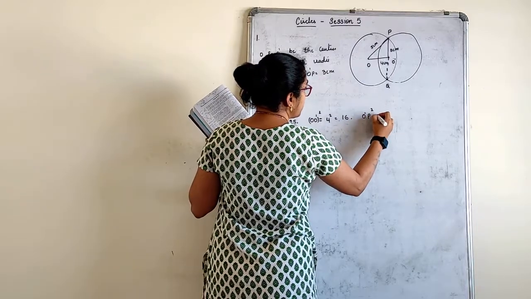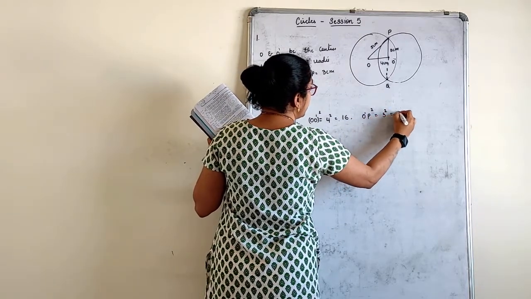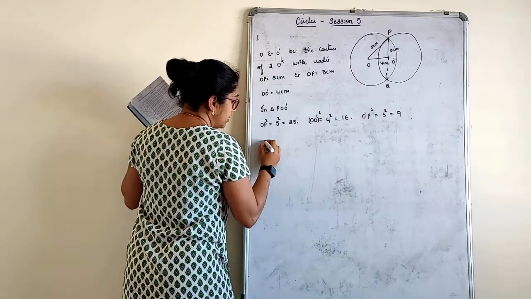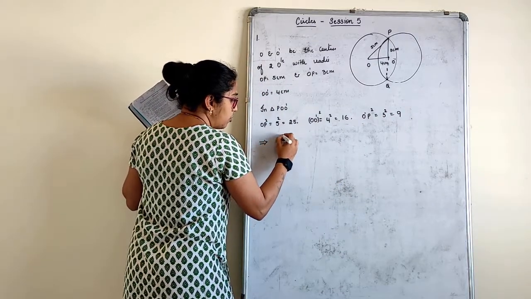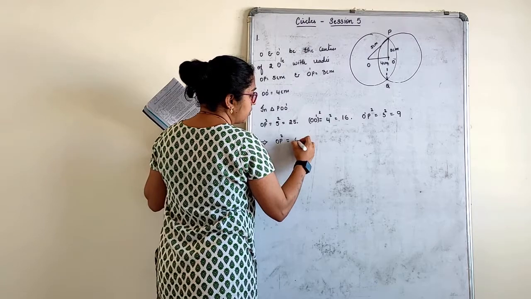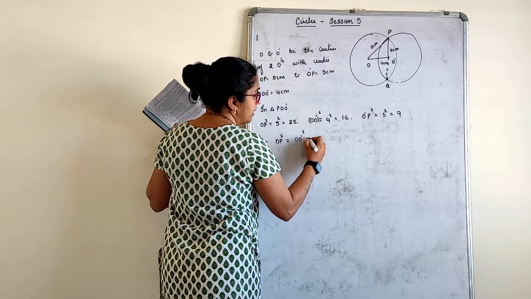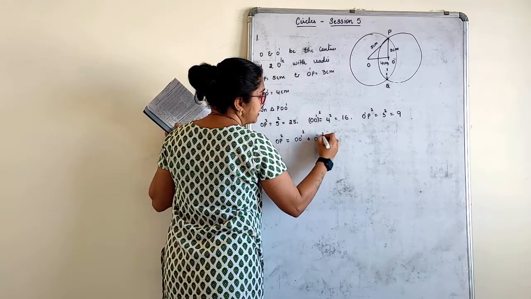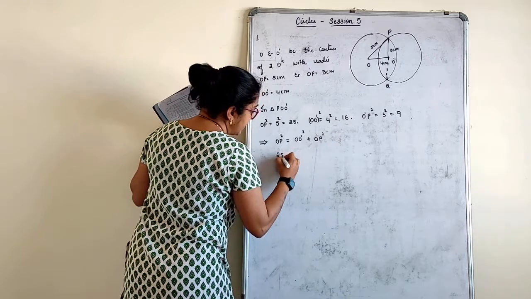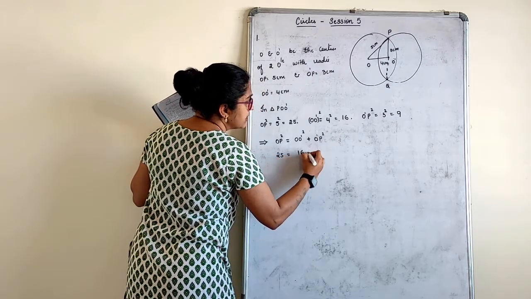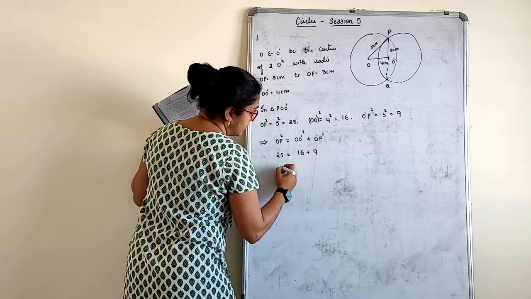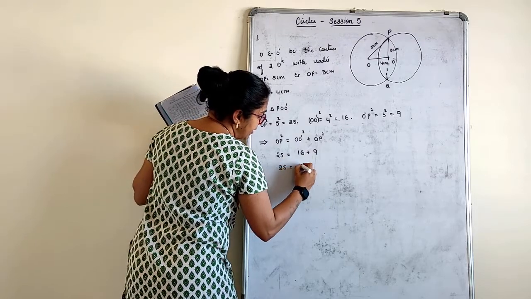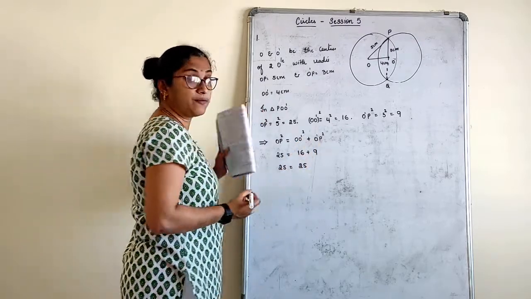O dash P square is equal to 3 square is equal to 9. This implies OP square is equal to OO dash square plus O dash P square, that is 25 is equal to 16 plus 9. 25 is equal to 25.